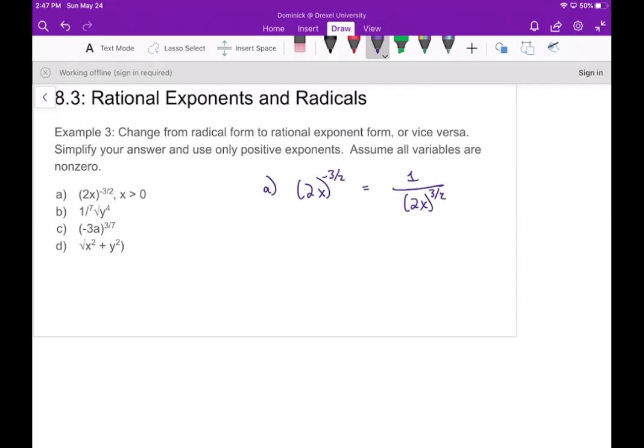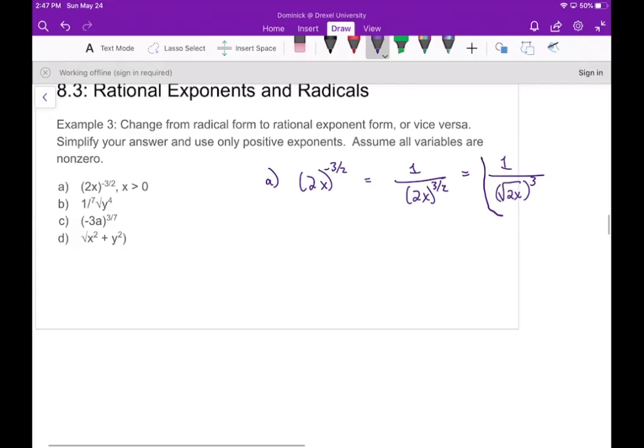Now we have a fractional positive exponent, so we can say that this is the square root of 2x, all to the third power. For now, we'll leave this alone as it is, but we'll see a little bit later on that we usually don't want to leave our solution having a radical in the denominator. But for now, we'll leave that as is.